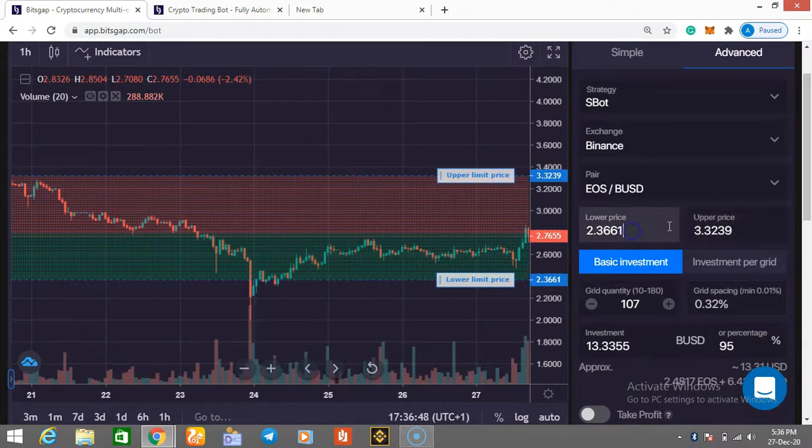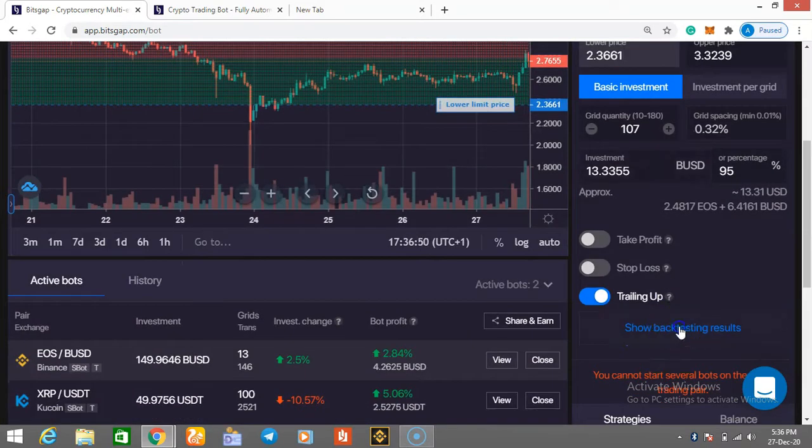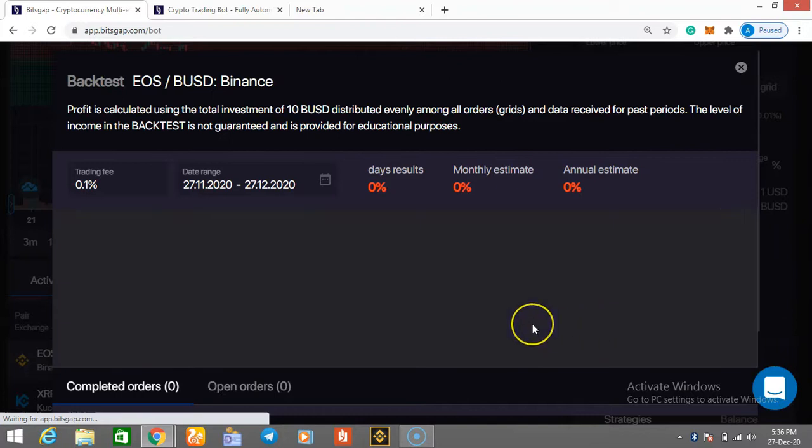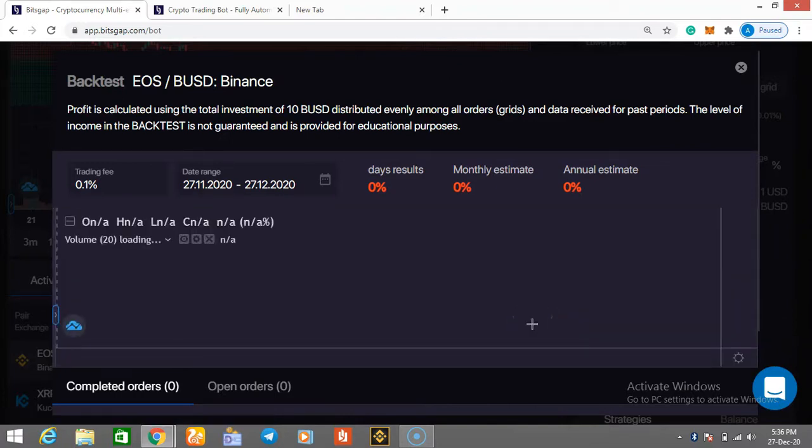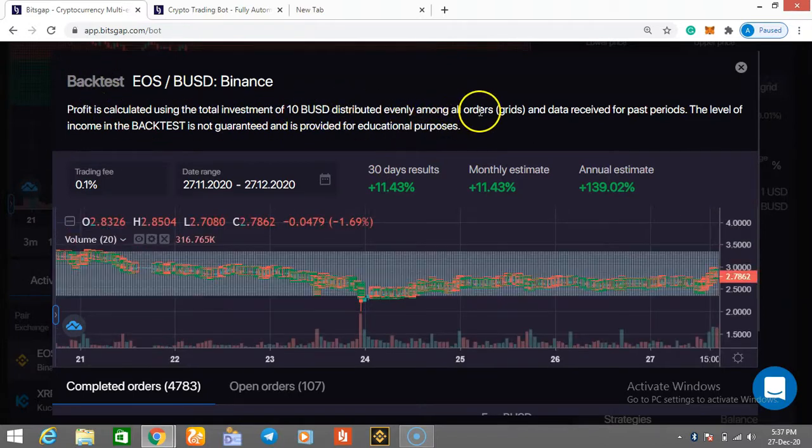Now let's go to backtest results. So let's see what the backtest is going to tell us about this. The backtest results says that price is calculated using the total amount of 10 USD distributed evenly among all grids, and data received. Okay, the level of income in the backtest is not guaranteed, and okay, fine.